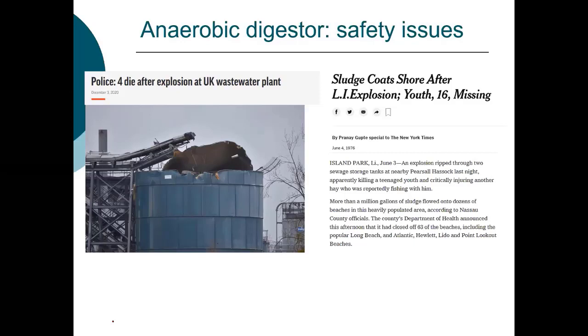It's actually one that I remember, probably also because my dad worked, not at this plant, but at a wastewater treatment plant, and a child was killed when an explosion occurred at this treatment facility. So safety, as I mentioned, safety is paramount. We need to make sure that we do everything we possibly can to ensure that these systems are safe.